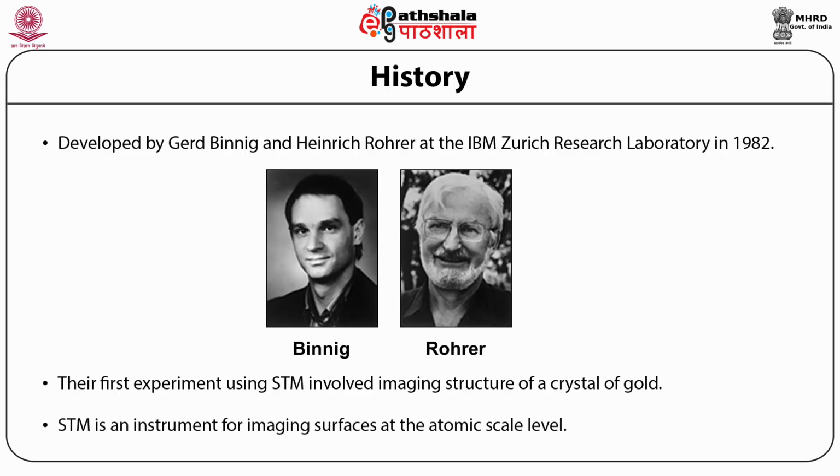STM is an instrument for imaging surfaces at the atomic scale level. Their discovery opened a new era of surface science, and their impressive achievement was recognized with the award of the Nobel Prize in Physics. It is based on the concept of quantum tunneling.